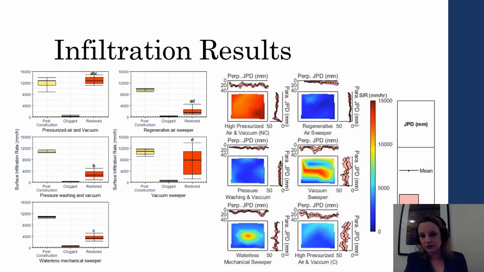But the vehicles, especially since we limited them to a single pass, and our cells are relatively small compared to the size of the vehicle, you can actually see where there are higher levels of restoration taking place and lower levels. And these are relating to the direction that the vehicle is traveling, or in the case of the vacuum sweeper, the location of that small vacuum head.